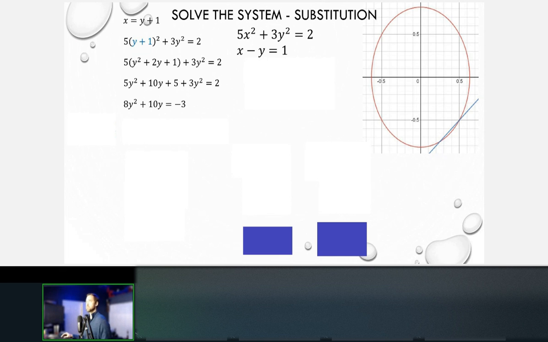And to complete the square, what do I have to do to this equation? We have to factor out the 8. Yes. So I'm going to divide everything by 8 to do that.